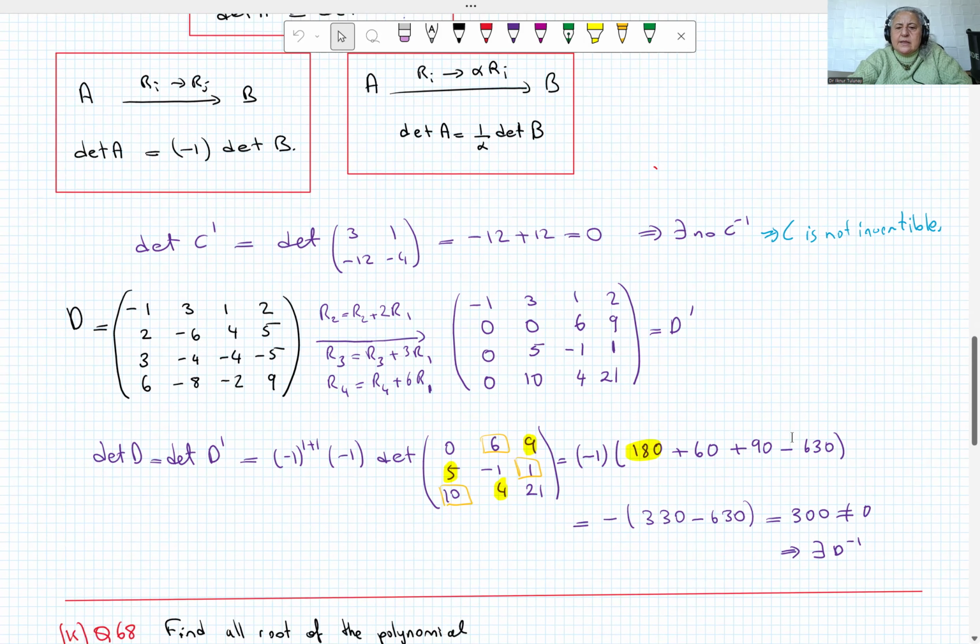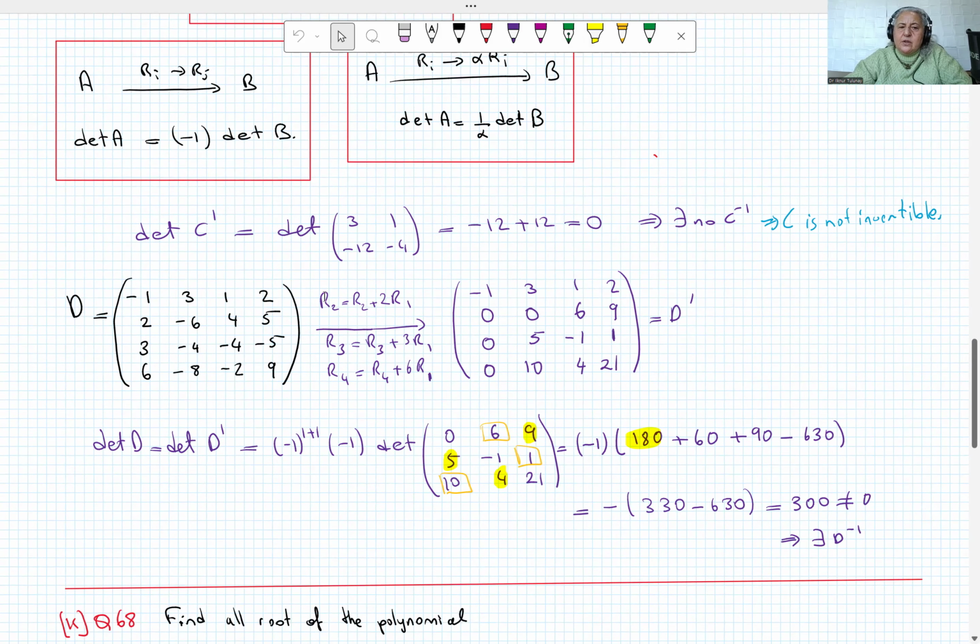Now, this is another example. Think about that you have a 4 by 4 matrix. In this case, how do you calculate the determinant? Same trick. Apply the row operations to make the appearance of the matrix simpler, such that we can calculate the determinant in a simpler way. So if you can make these 0, 0, 0 by using the row operations.